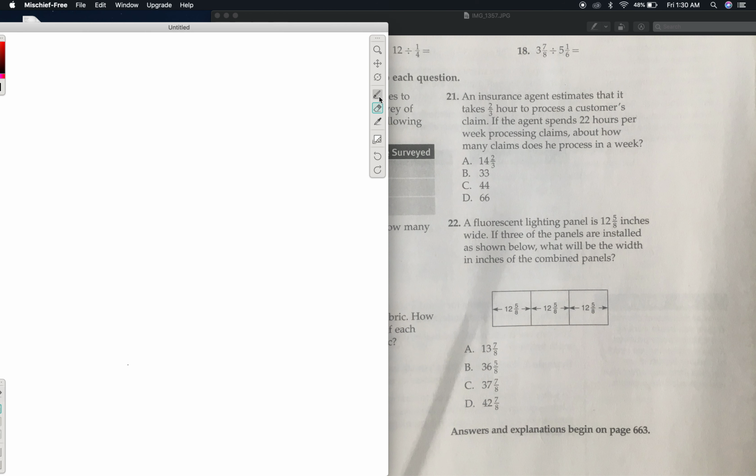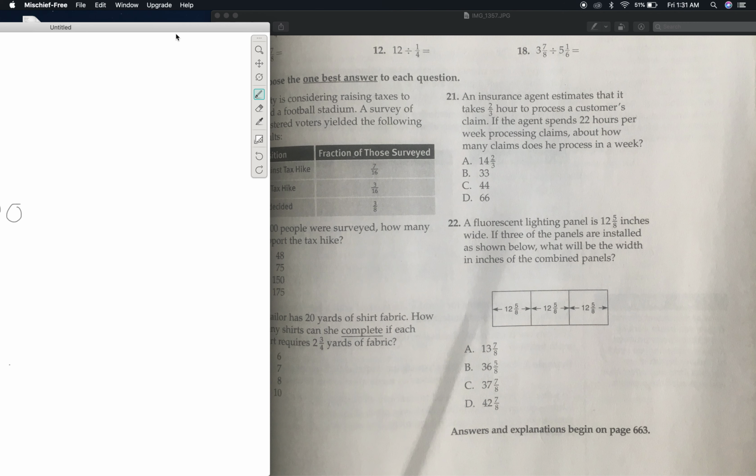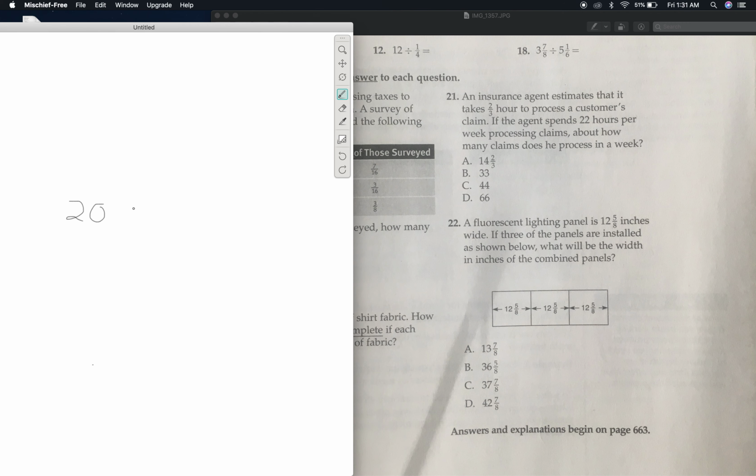This one's a division problem. So we have 20 yards, and what was it, 2 3/4? Let's put the 2 here.